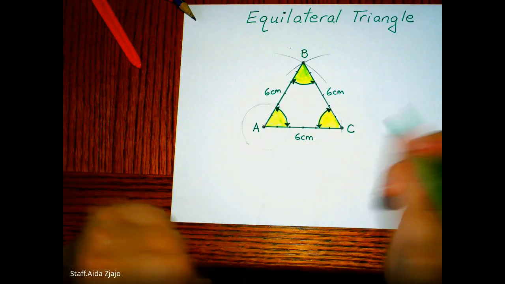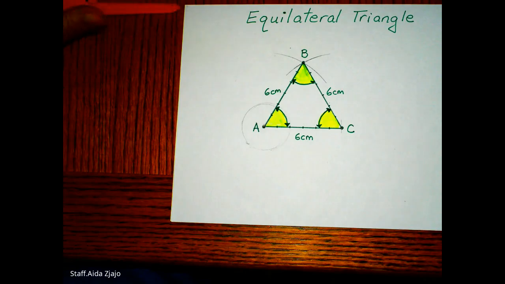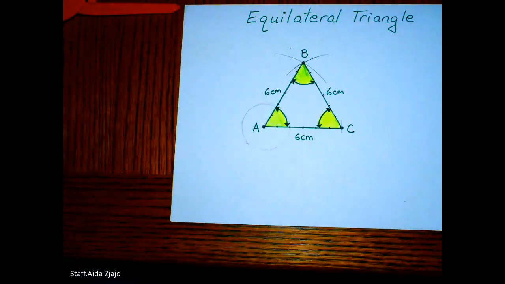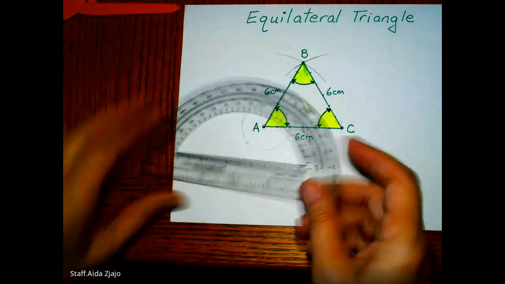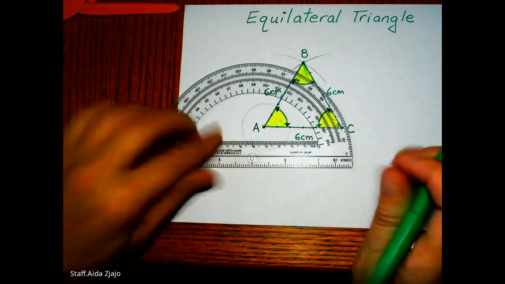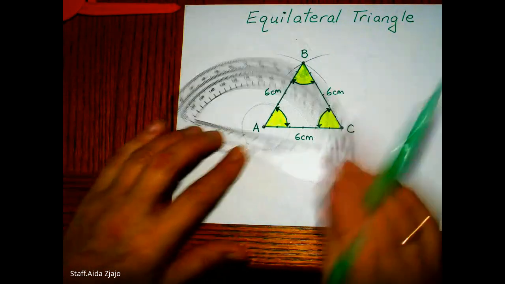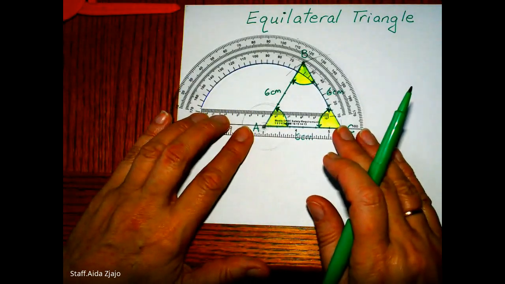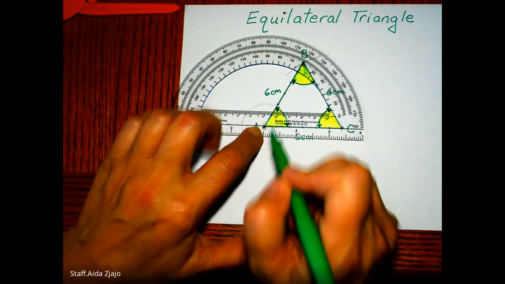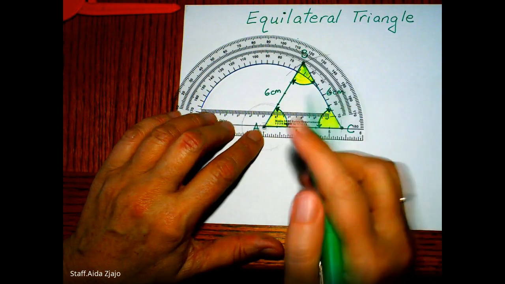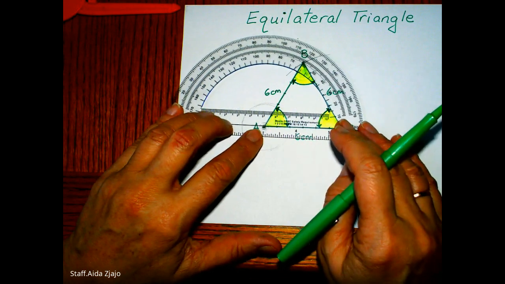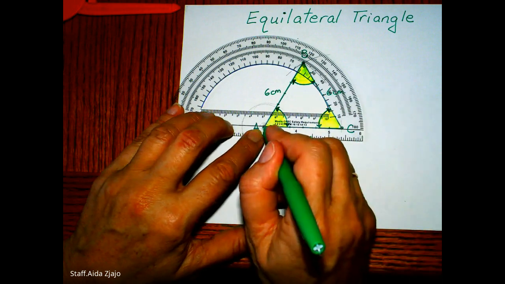So when we know that, we can use our tool, which is our protractor, and we can measure angles. When measuring an angle, you have to put the center of the circle on your point.